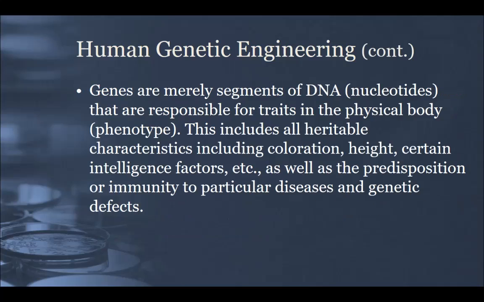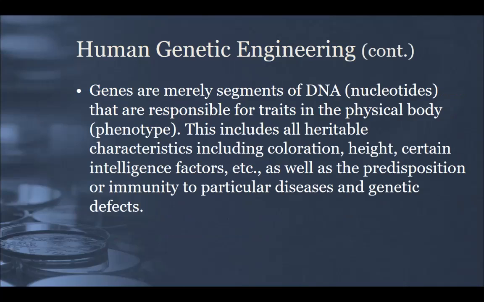Genes, remember, are simply segments of DNA. It's just a series of nucleotides that are responsible for building proteins in the physical body, which give us our phenotype. So this includes all heritable characteristics, everything from skin color to height, to eye color, hair color, certain intelligence factors. There's so many different things that this could end up impacting.